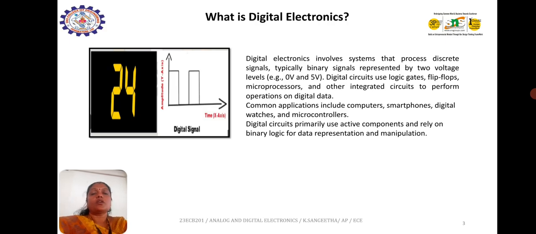It uses components like logic gates, microcontrollers, microprocessors, and the main applications of digital electronics are computers, laptops, and smartphones. Other examples are applications of digital electronics. It uses the main components of electronic devices or active components.